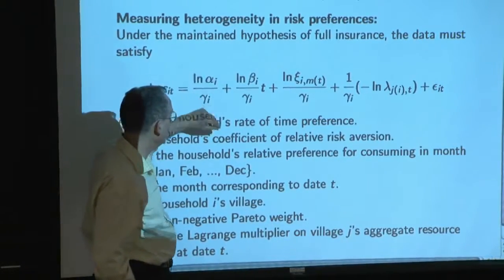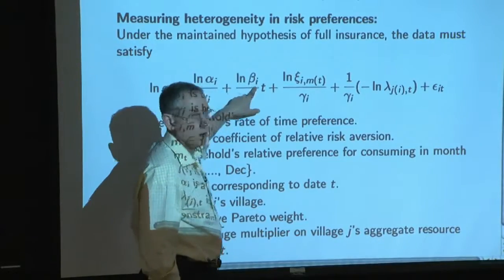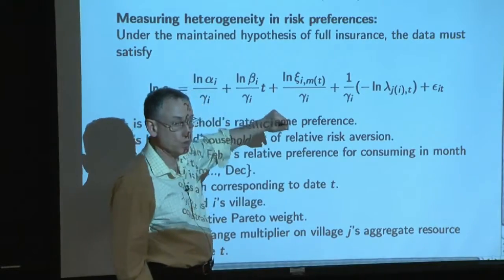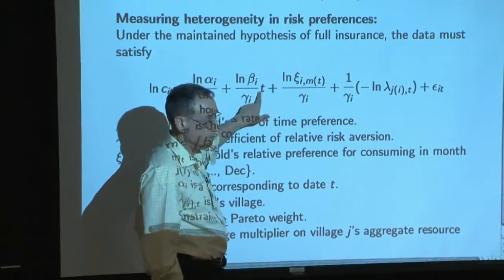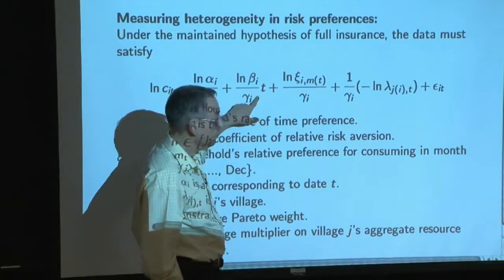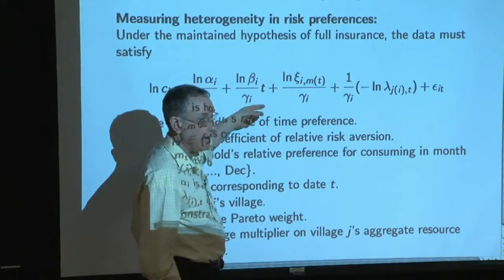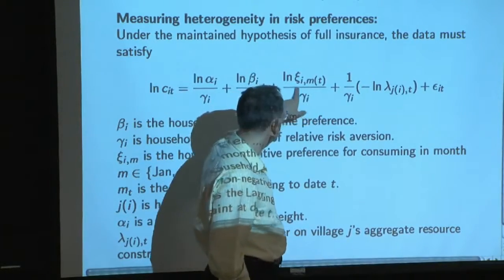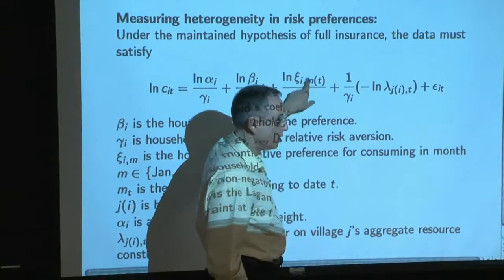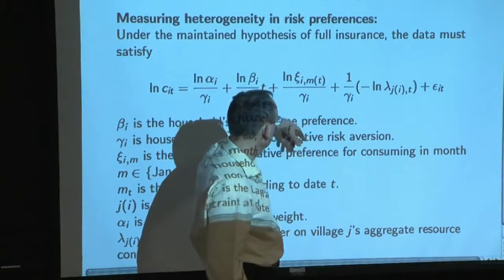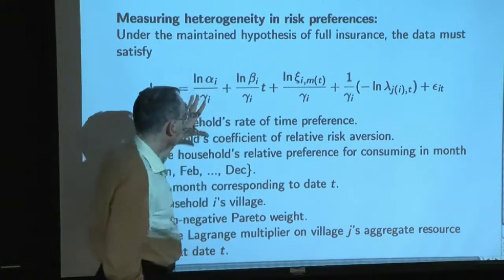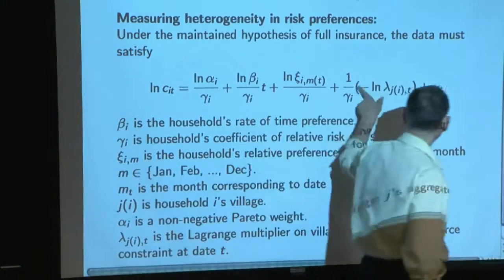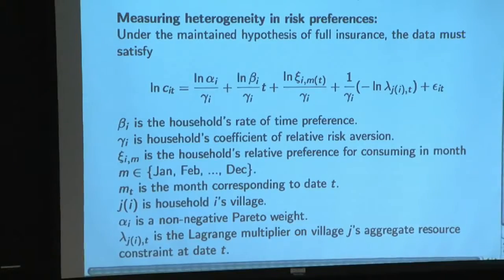But it's the same idea. You've got the Pareto weight. We're actually going to allow differences in discount rates across households. And so that sets up a trend where some people are going up and some people are going down long term. We allow preference shocks, actually monthly shocks, because there are holidays and things. So the idea is to put as many controls in as the theory would allow, and then we have this sort of common fixed effect.